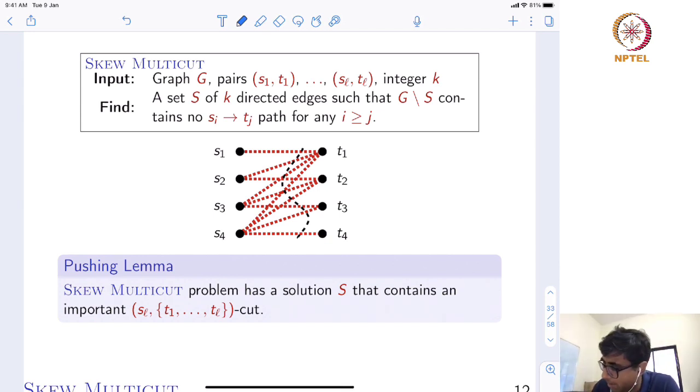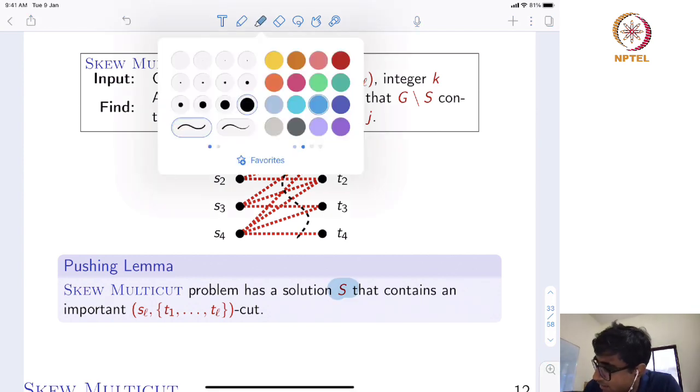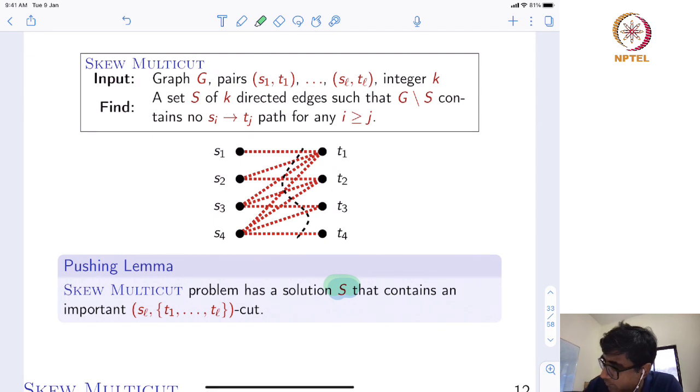The skew multicut problem has a solution S that contains an important SL-T1-to-TL cut. What is SL? SL is the highest indexed vertex, so SL needs to kill all the paths to all the TIs. That's important.